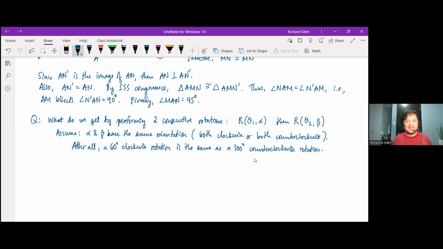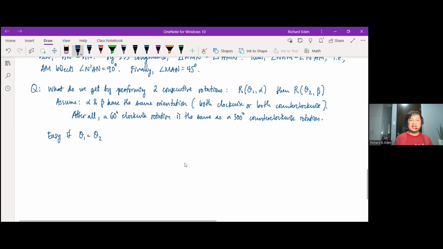So convert 60 degrees to 300, 120 degrees to 240 degrees in the opposite orientation. It's easy if O1 and O2 are the same.